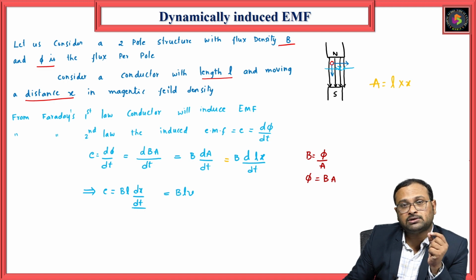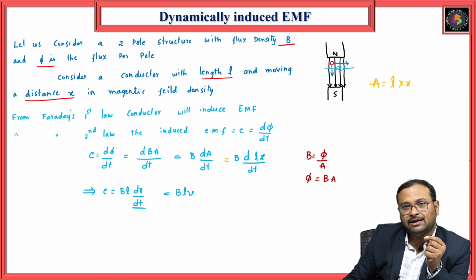Now we have to consider that the conductor is not going exactly at 90 degrees.